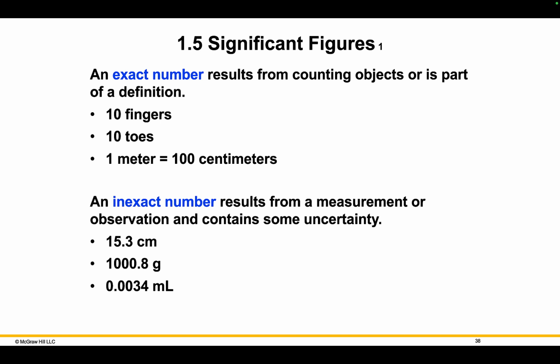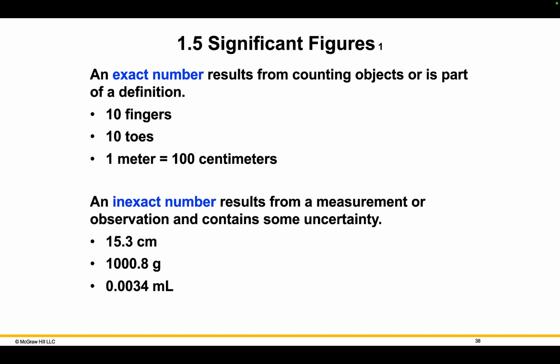Inexact numbers are going to result from measurement or observations, and there's going to be some amount of uncertainty. So if I take a ruler and I measure something in centimeters, and my ruler has tick marks for centimeters, and then also it has tick marks for millimeters. So, it's broken down further.